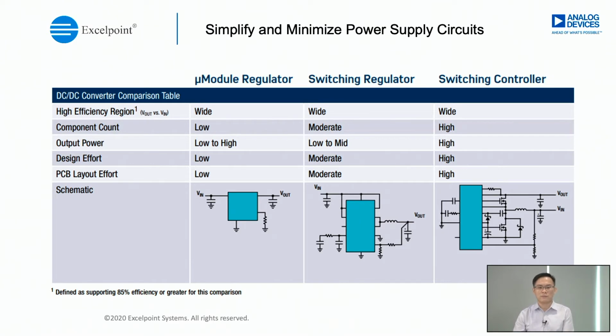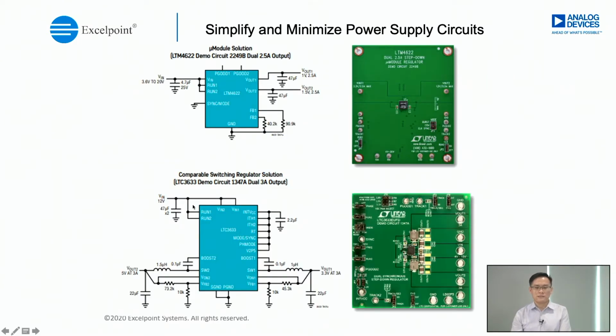Let's look at some comparison for the PCB area. As you can see from here, this is an illustration of the PCB area needed for a 2-channel 2.5 ampere output requirement. In the past, when you used a switching regulator, LTC3633, the PCB area needed is very big because of the use of inductor, capacitor, everything outside.